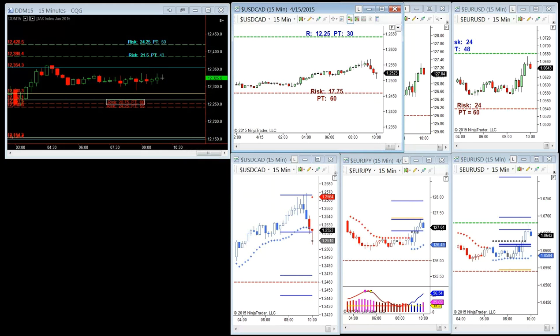All right, let me update my spreadsheet. Y'all give me a minute here. Total risk on that is 122.50. Profit target is at 30. Potential is 300.